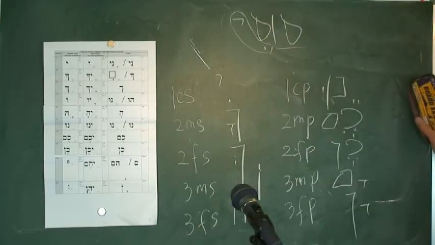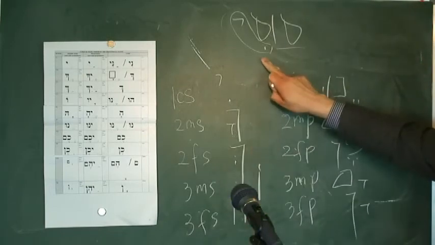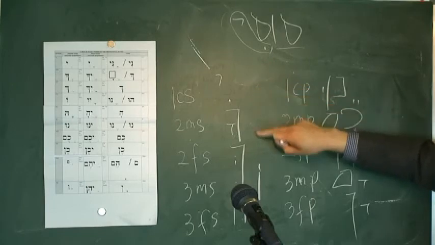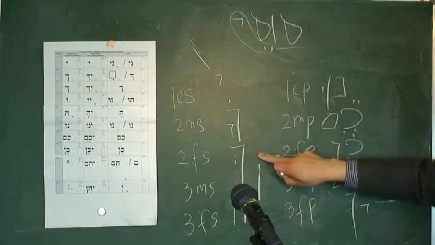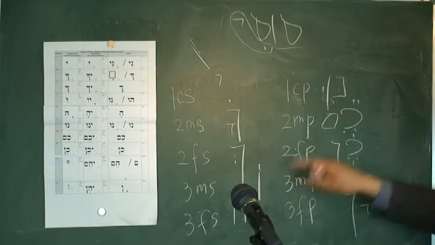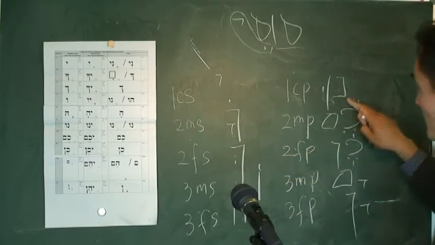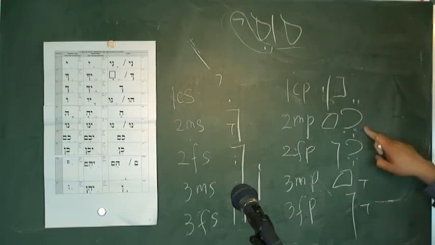If we added the suffixes of personal pronouns, it would be my horse, your horse as a female. If we added the ending o, it would be his horse.